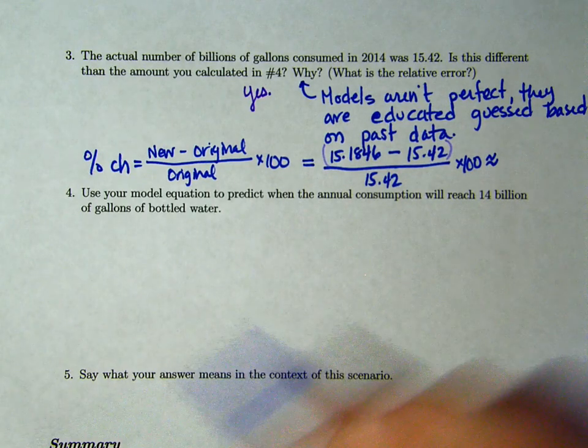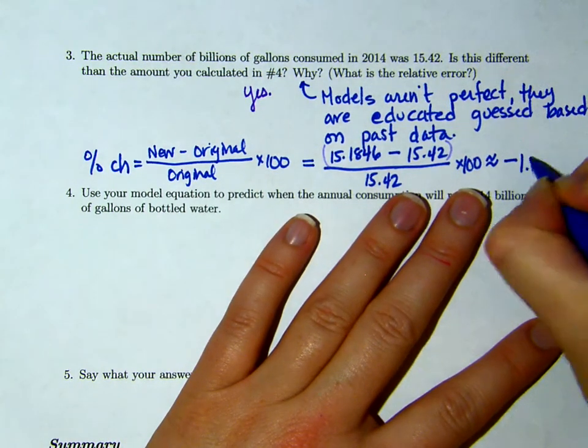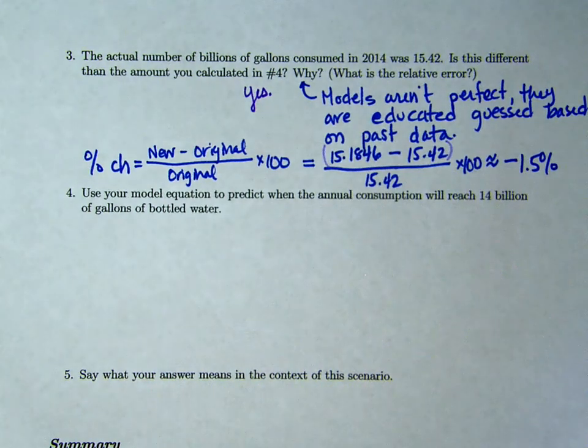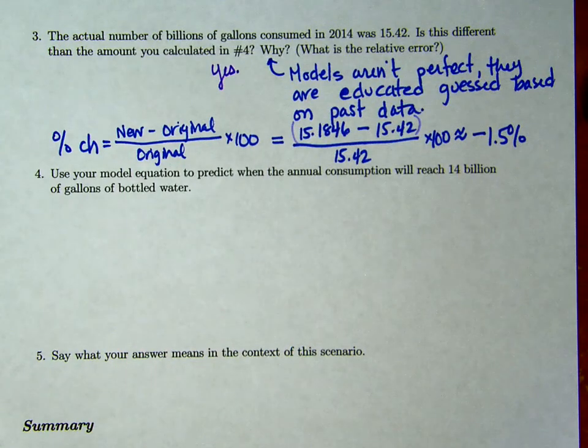And scaled up by 100 to make it a percent is approximately negative 1.5%. Hey, that is not too shabby. When I saw that number compared to these two, I was like, our model did a pretty good job of guessing, actually. Use your model equation to predict when the annual consumption will reach 14 billion.